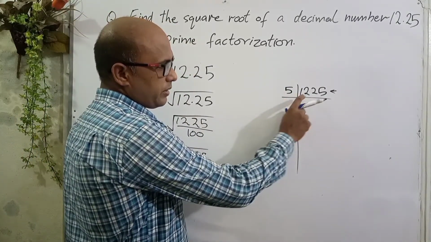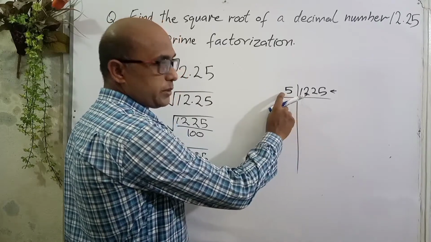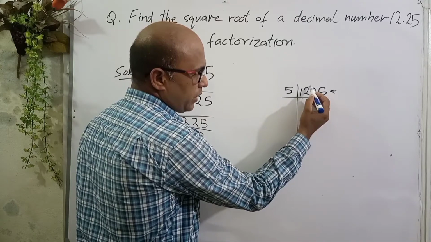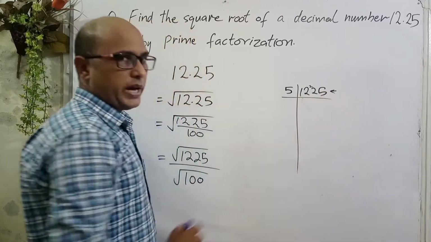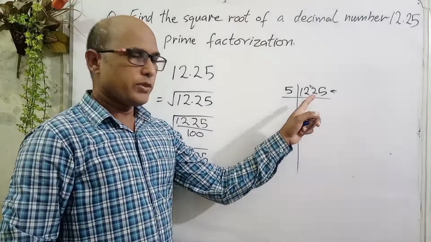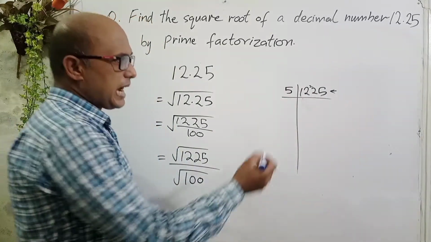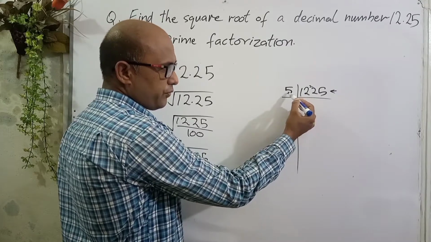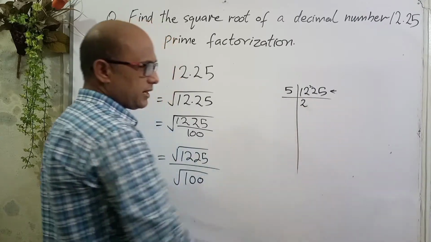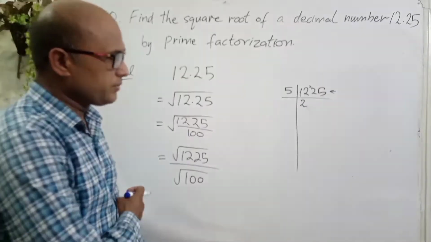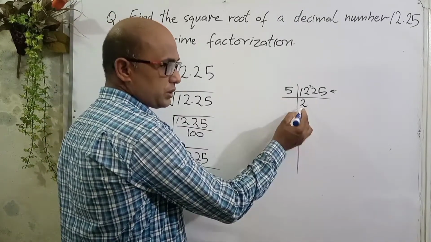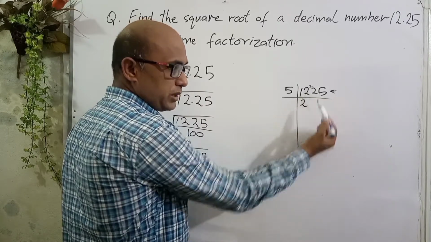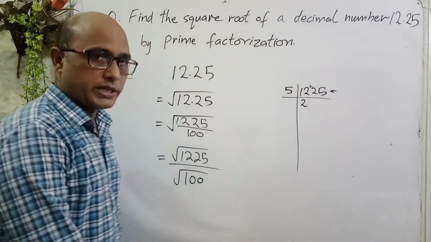So let's see, 12 is not divisible by 5. Therefore, we'll give away 2 from 12 to the next number, which is 2. So now we are left here with 10. So 5 2s are 10. 10 is divisible by 5. So we'll write 5 2s are 10. And when we have given away 2 to the next number, it becomes 22.